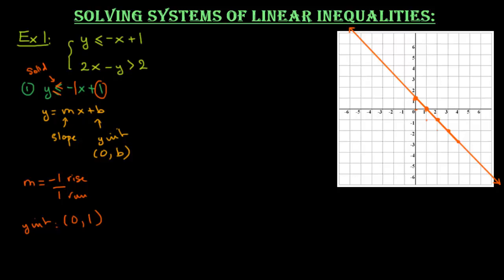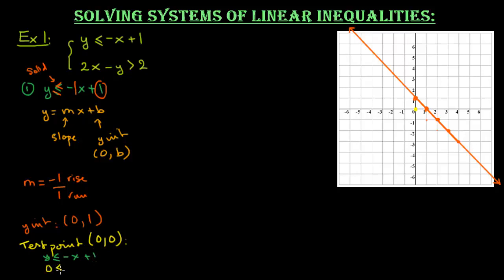So let's do the test point. I will choose the point (0, 0), since it does not stay on the line. We have y less than or equal to negative x plus 1. Then I plug in 0 for both x and y.